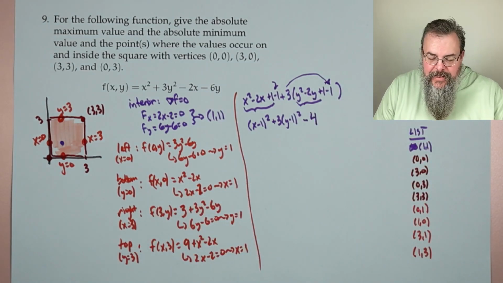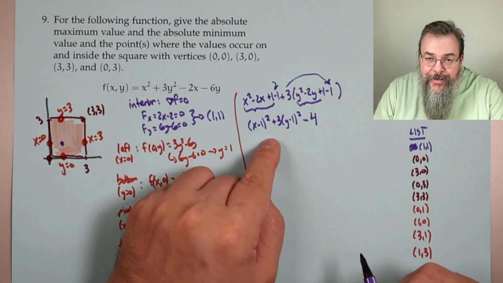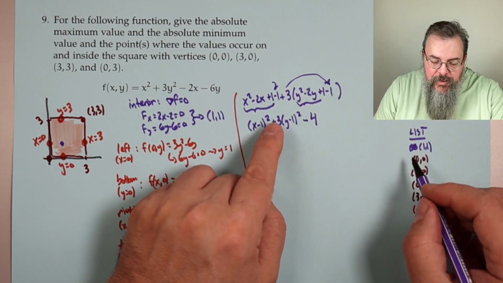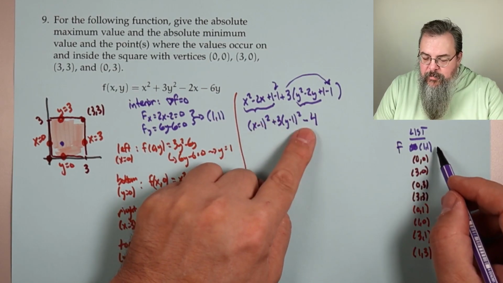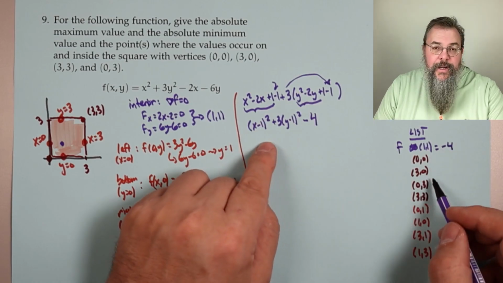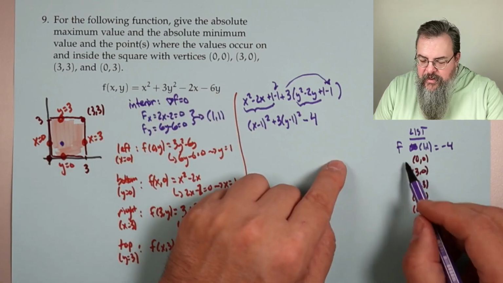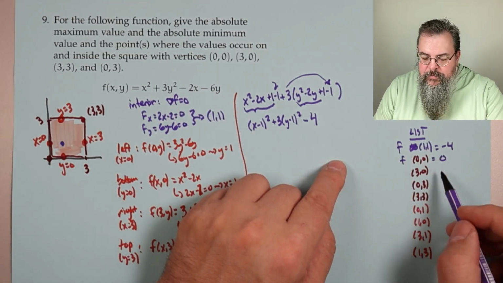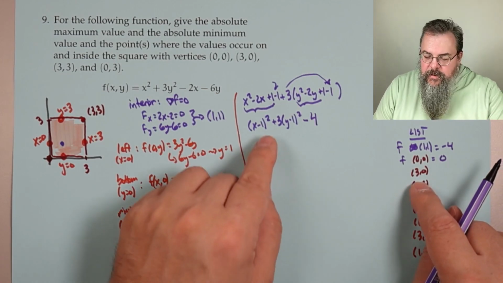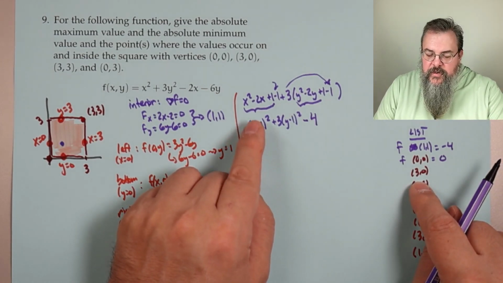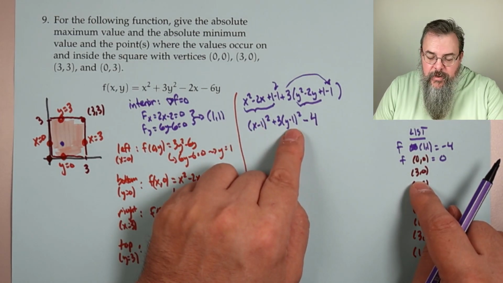Okay, and so we can plug into either this expression or this expression. Suppose we use this expression, f of 1 comma 1: 0, 0, minus 4. How about f of 0, 0? Actually, this is easier: 0, 0, 0, 0. So f of 0, 0 is 0. Now f of 3 comma 0. That would be 3 minus 1 squared, that's 2 squared, 4. 0 minus 1 squared is 1 squared.